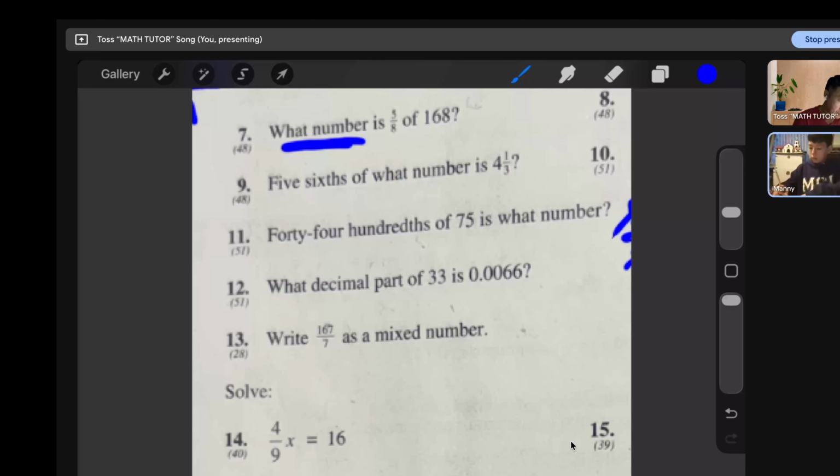If it's what decimal part, it's this x times 33 equals 0.0066. Tell me again. x times 33 equals 0.066 or 0.0066. Okay, that sounds good.